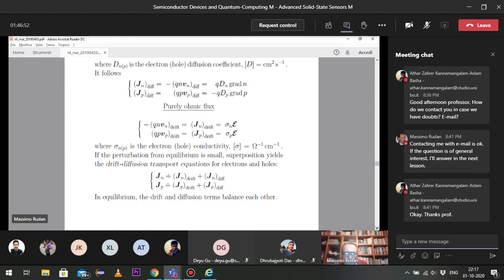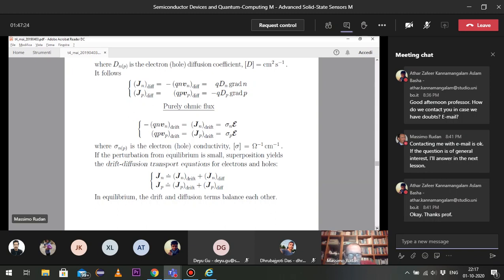Now the issue is to find the expression for the conductivities, okay? Of course, the superposition effect can be demonstrated. There is a much longer calculation that demonstrates that, to some order of approximation, the drift diffusion form of the equation is correct, okay?